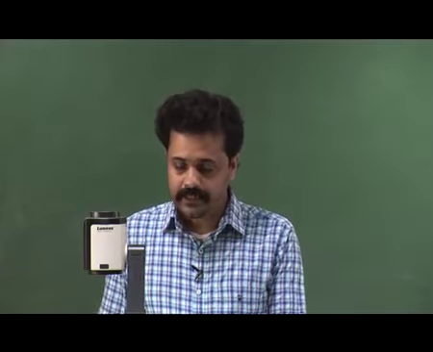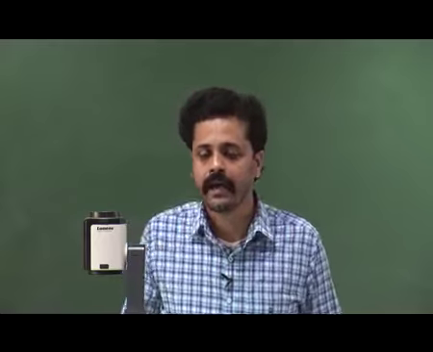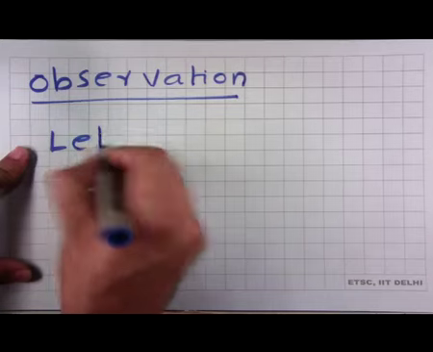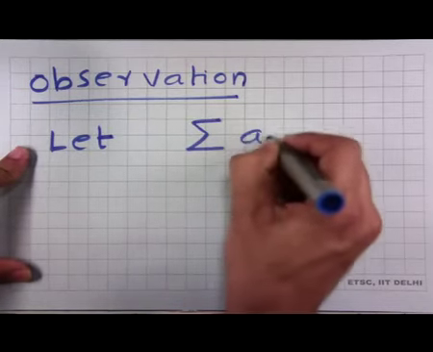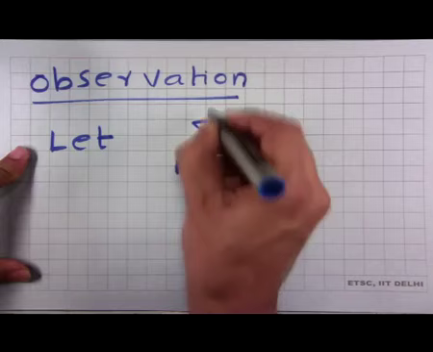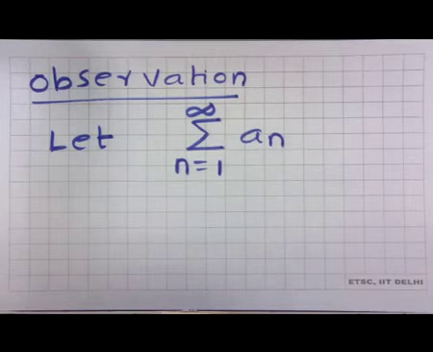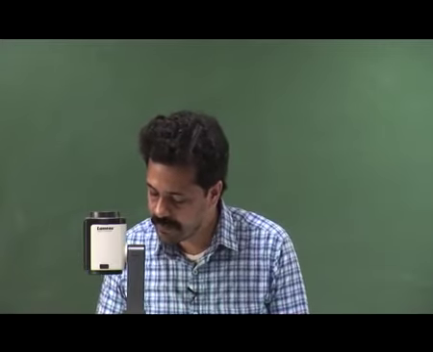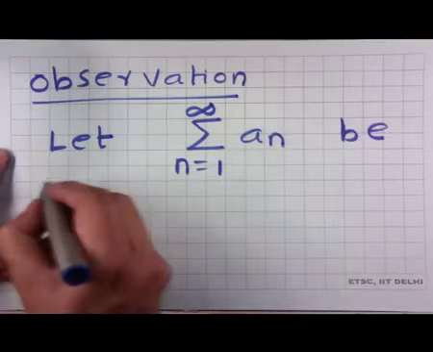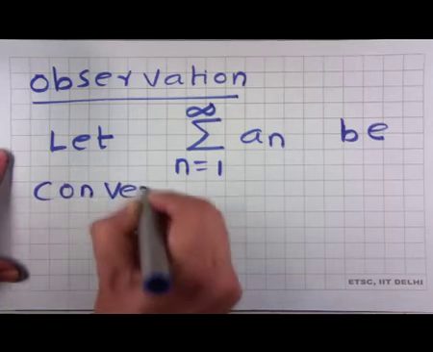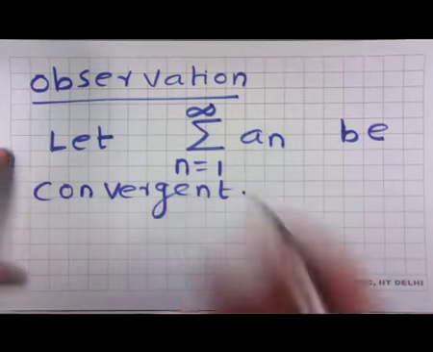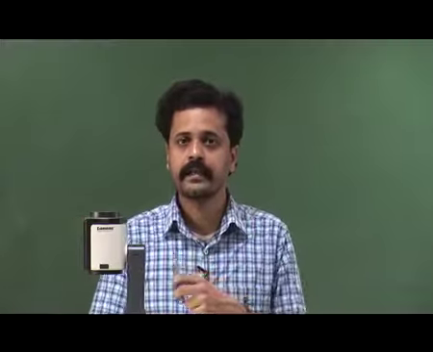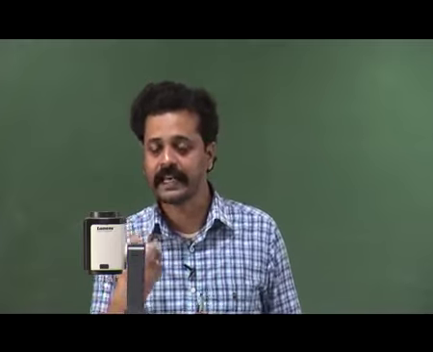To answer this, first let us have the following observation. Let the summation n equal to 1 to infinity, an infinite series a1 + a2 + a3 + so on, be convergent, meaning roughly you can add all these terms and end up with a finite value.